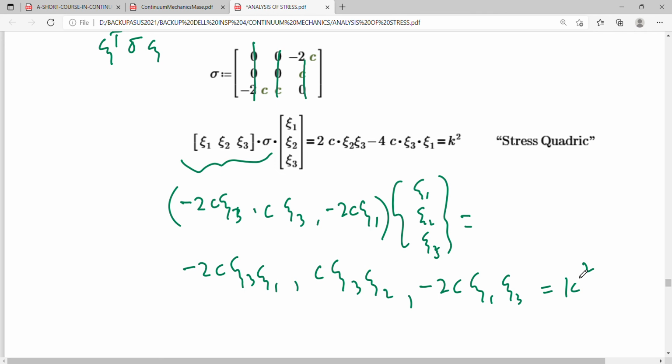So this is minus 2, it becomes minus 4c cassis of 3, cassis of 1.